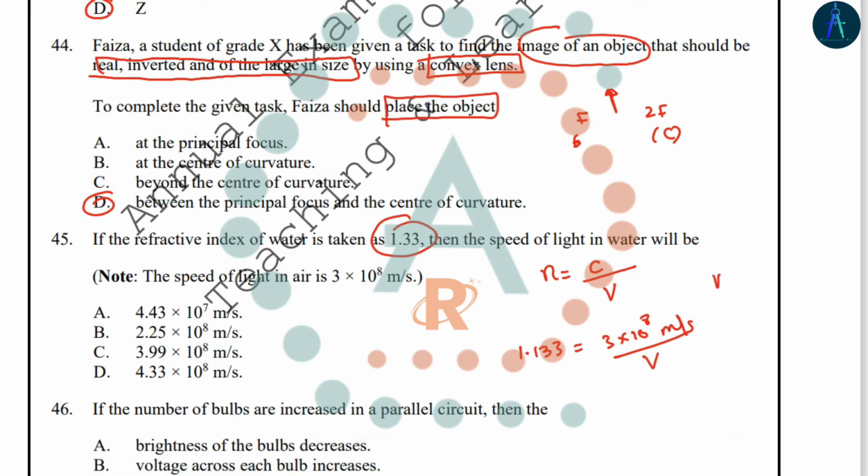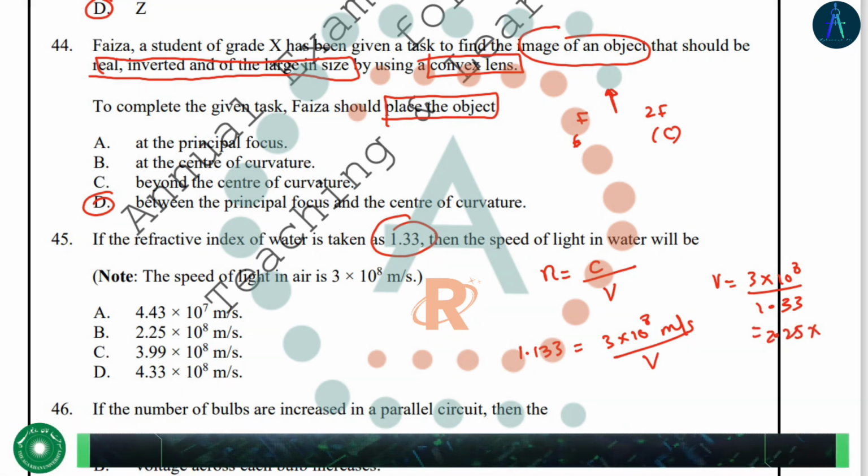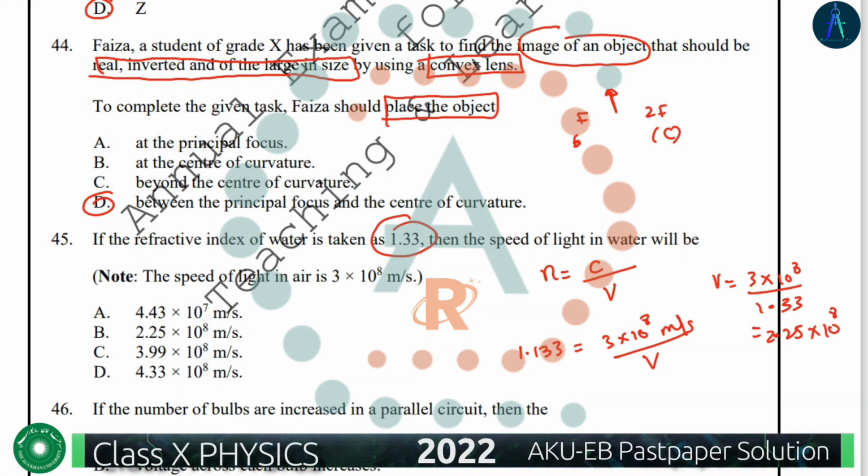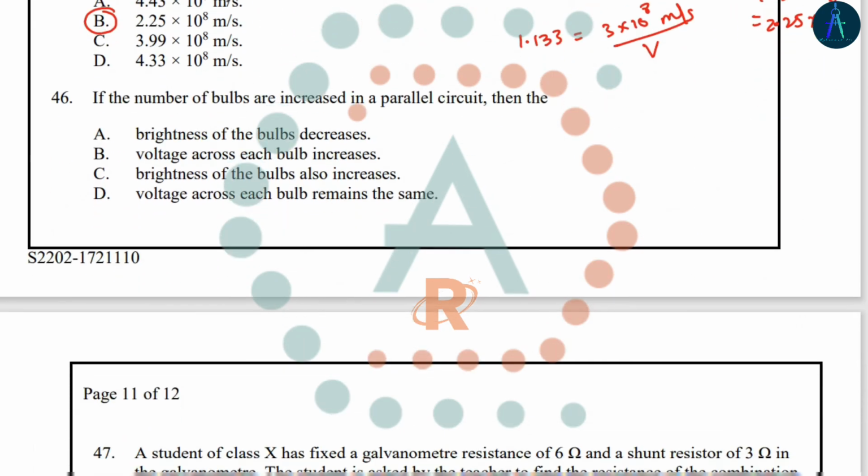So to find the value of v, it will become 3 times 10 raised to 8 divided by 1.33. So in this way we will get 2.25 times 10 raised to the power 8 meters per second. So option B will be the right answer.